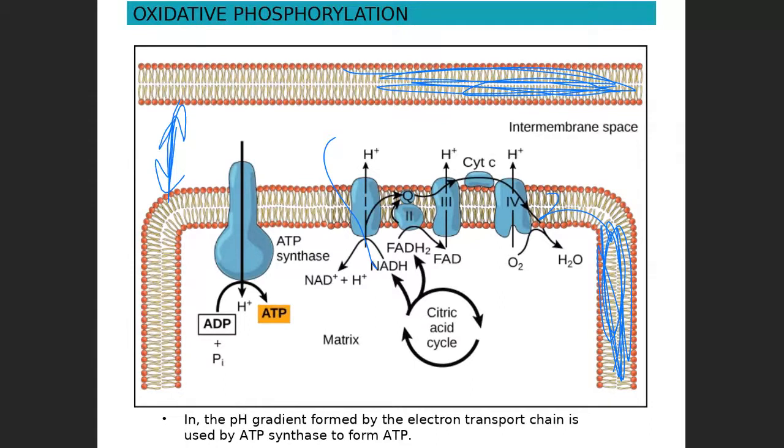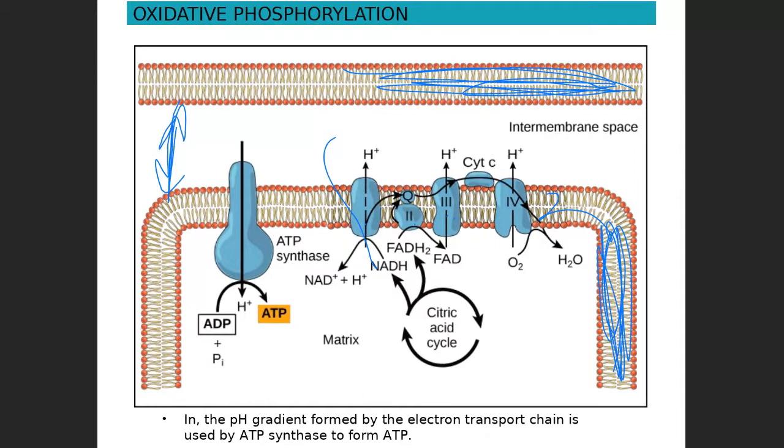Those electron transporters are only going to release electrons following electronegativity. Complex 1 is less electronegative than 2, 2 is less electronegative than 3, 3 is less electronegative than cytochrome C, and cytochrome C is less electronegative than complex 4.